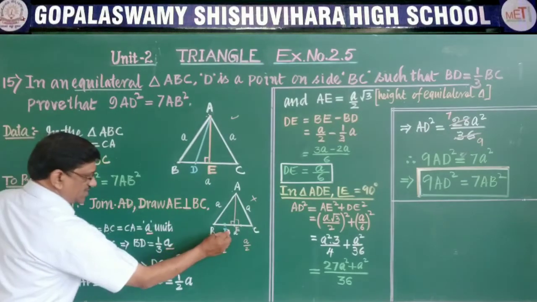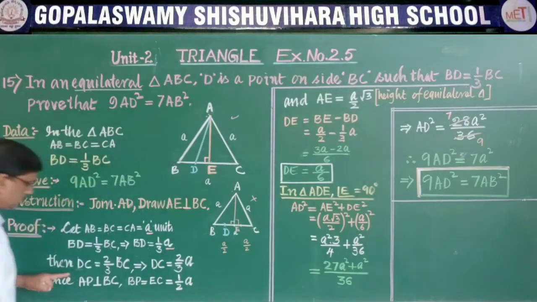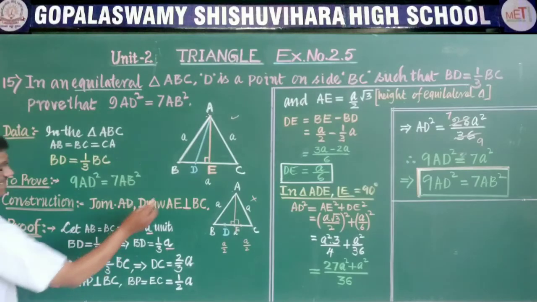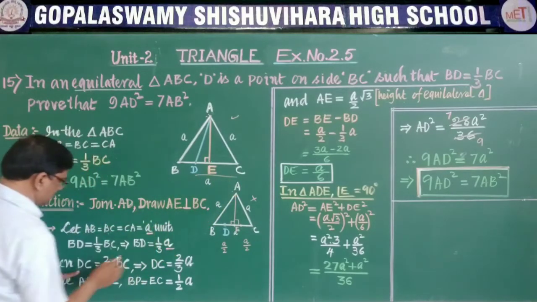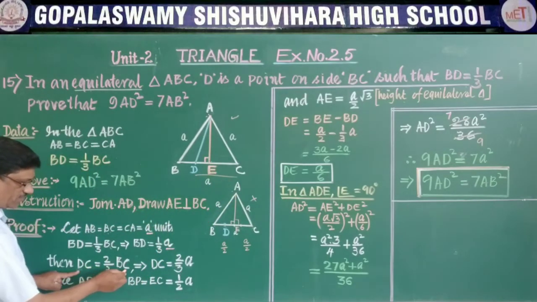So DC is equal to 2/3 of BC. Then DC from here to here is 2/3 of BC.